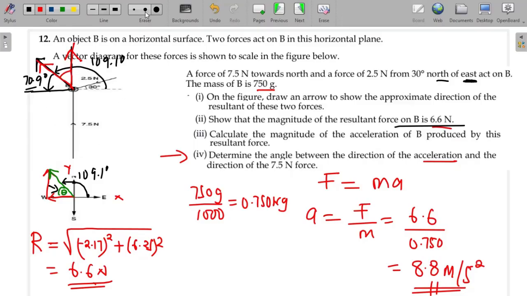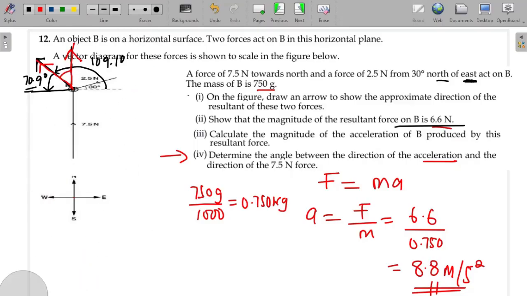How are we going to find that angle? We know that the angle starting from here up to down here is 70.9. I also know that starting from this point all the way up to down here, that angle should be 90. So to find this, that angle will just be 90 minus 70.9.